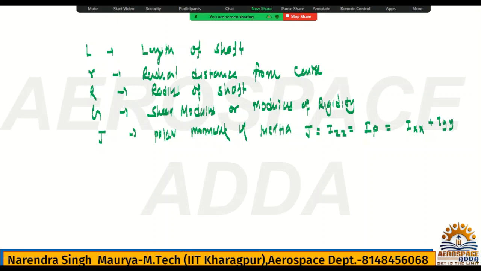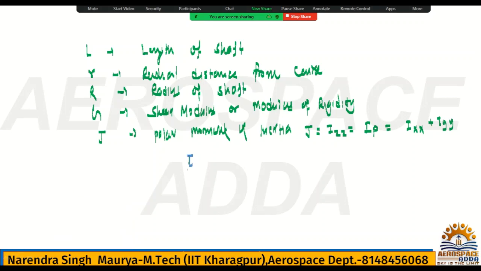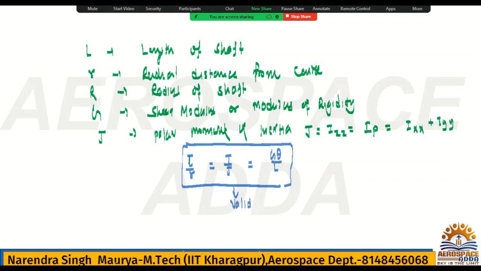Now, this formula's validity you need to write. It is important. It is tau by r is equal to T by J is equal to G theta by L. Remember, this formula is valid only for circular shaft.